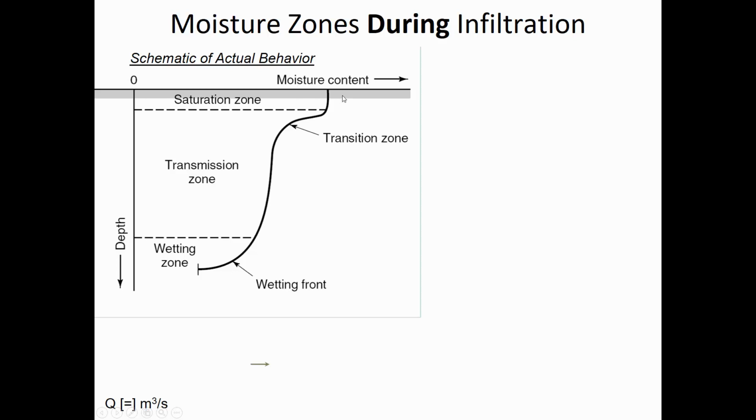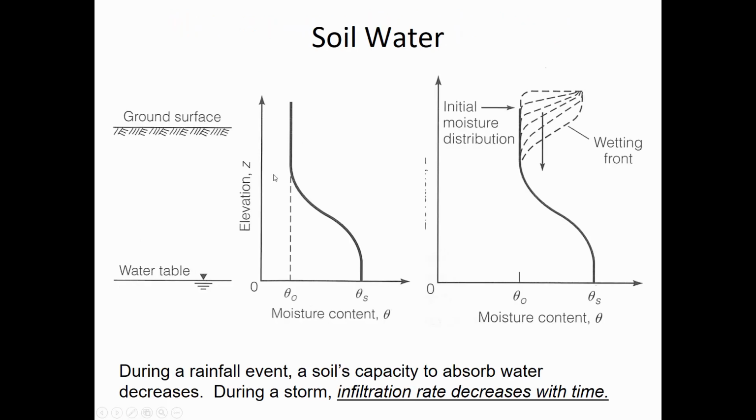At the surface, the voids are completely saturated because we assume that there's a little bit of ponding at the surface. The water is distributed into the soil grains completely, and so this curve of moisture content goes from fully saturated, and then there's this transition zone that's a lot like the capillary fringe, connecting the curve between fully saturated and the middle ground where it's partially saturated.